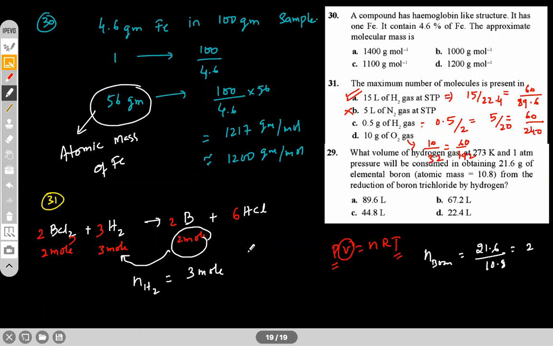So 3 moles, and the condition given is STP, 273 and 1 atmosphere. It is STP, right? So 1 mole occupies 22.4, so 3 moles occupy 3 into 22.4. So it is 67.2 liters.